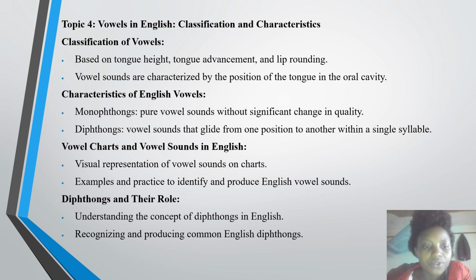Characteristics of English vowels: monophthongs, pure vowel sounds without significant change in quality. Diphthongs are vowel sounds that glide from one position to another within a single syllable.